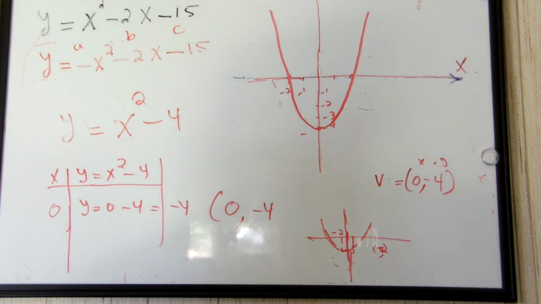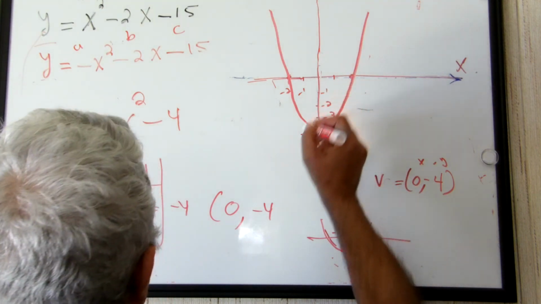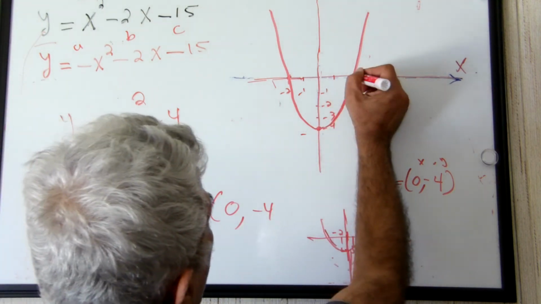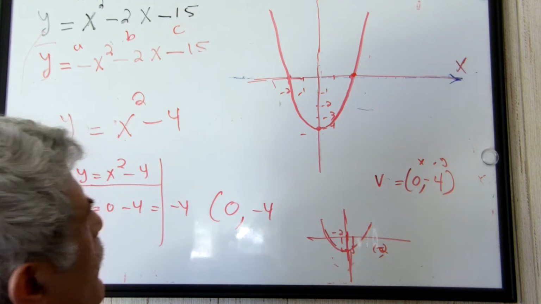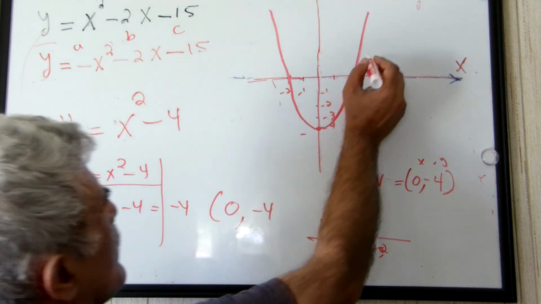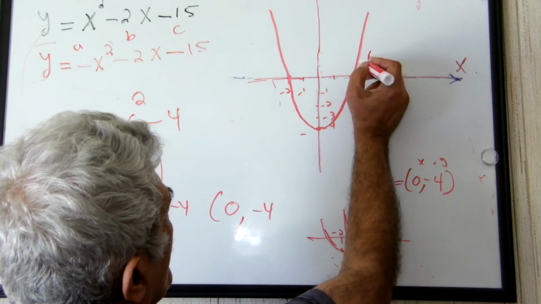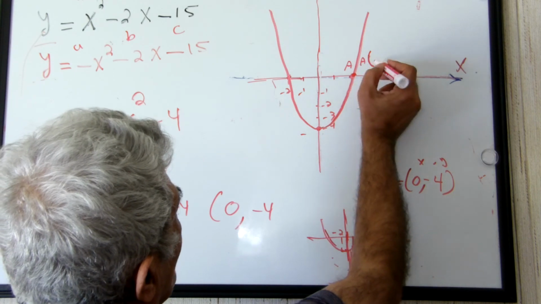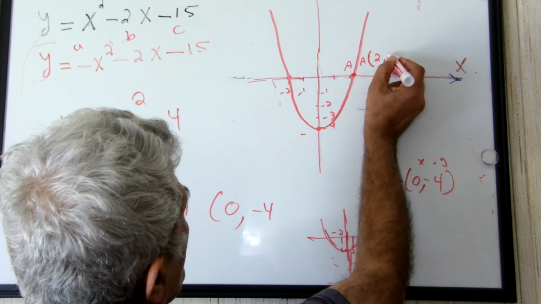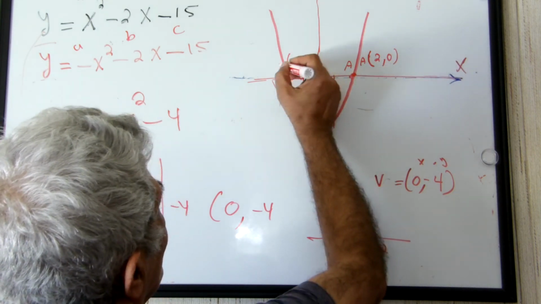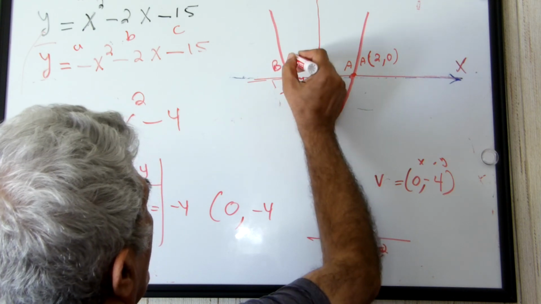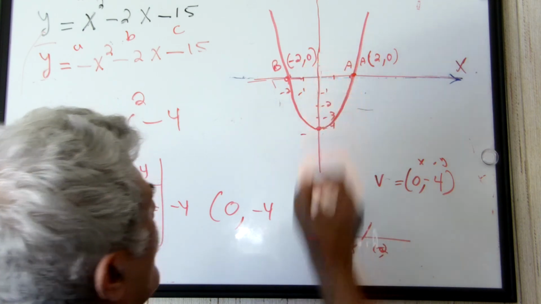The coordinates of these points: we write the point here like point A, x value is 2, 0, and here is point B, minus 2, 0.